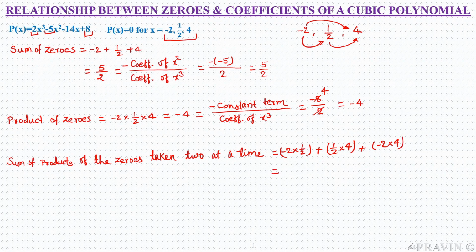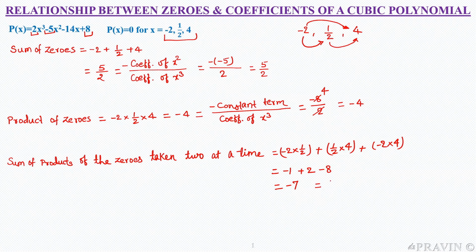Just simplify it. This will be −1, this will be 2, and this will be −8. After simplification, you will get −7, and this −7 is again related with the coefficients.